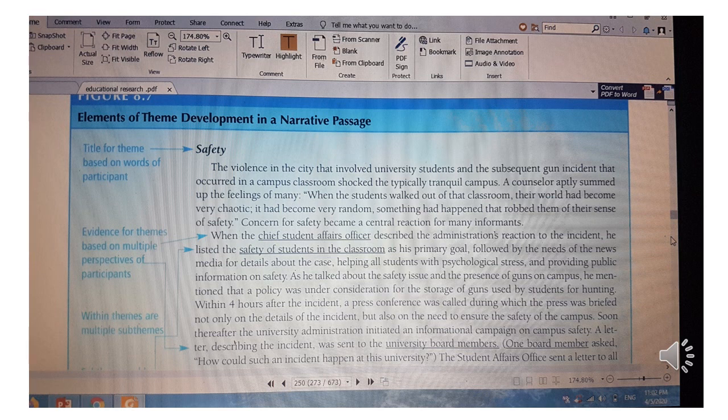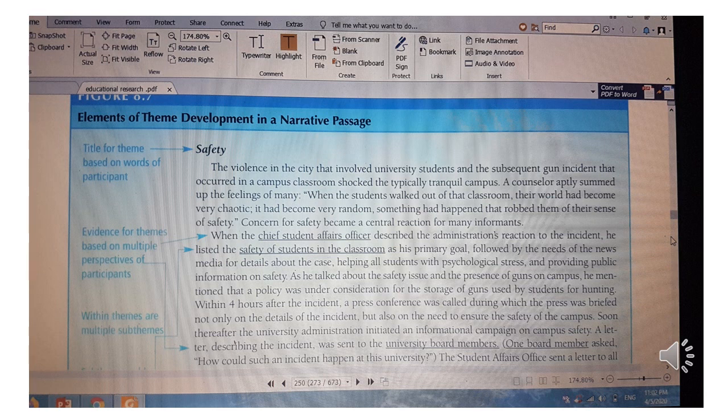And then below this you can find within themes are multiple sub-themes. So if you read below, you can see, for example, not only the details of the incident, but also the need to ensure the safety of the campus. Okay, this is one sub-theme, safety of the campus. So you can see within this process how major themes and minor themes are developed.